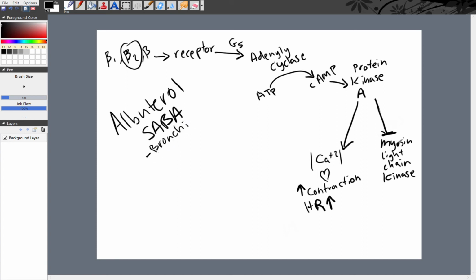And what it actually does is it phosphorylates the myosin light chain kinase.